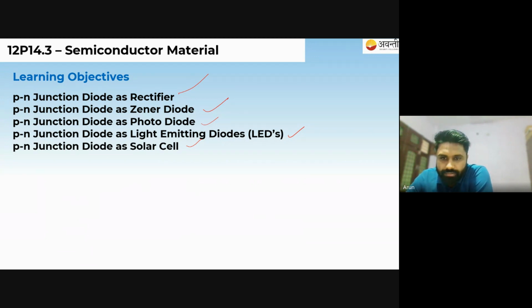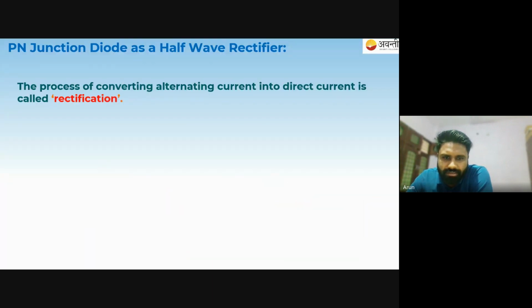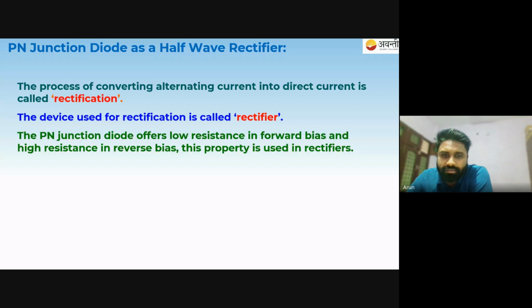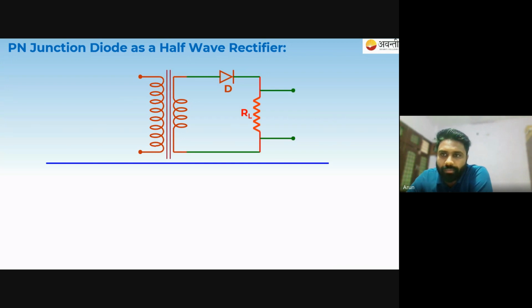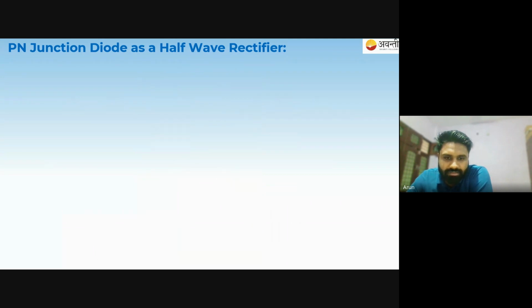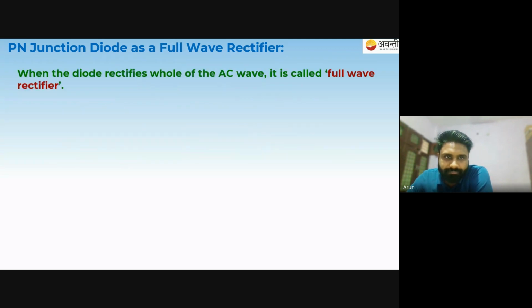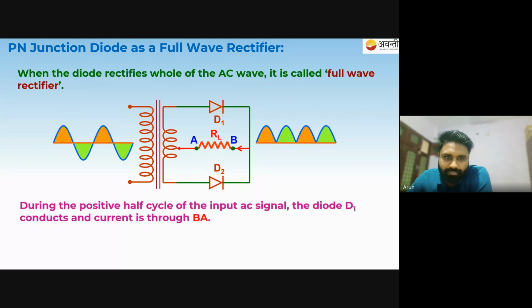So let's just start with it. Rectifier you have understood, so there is not so much that we need to tell you about the rectifier, but this is for the common understanding. This is the half wave rectifier setup. This is the full wave rectifier, in which two diodes are there. है ना?